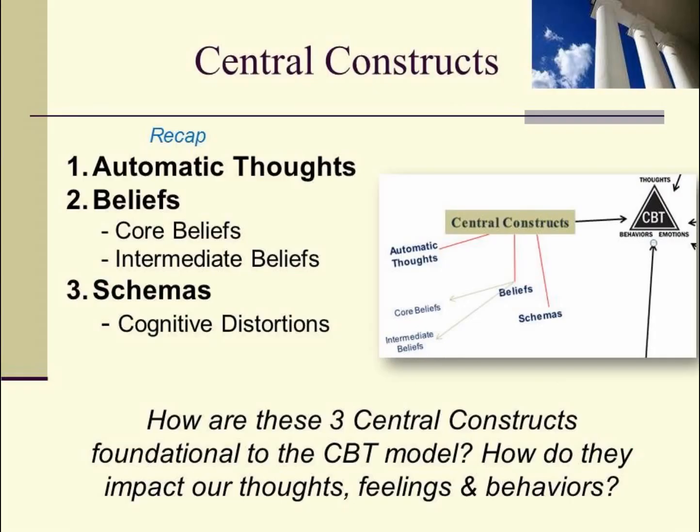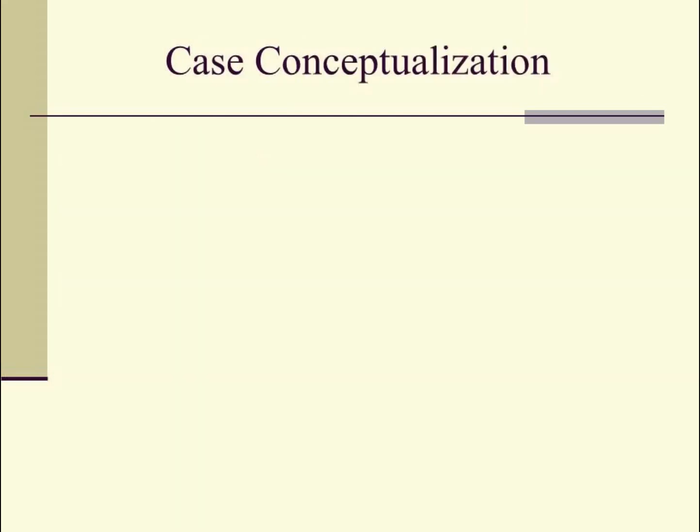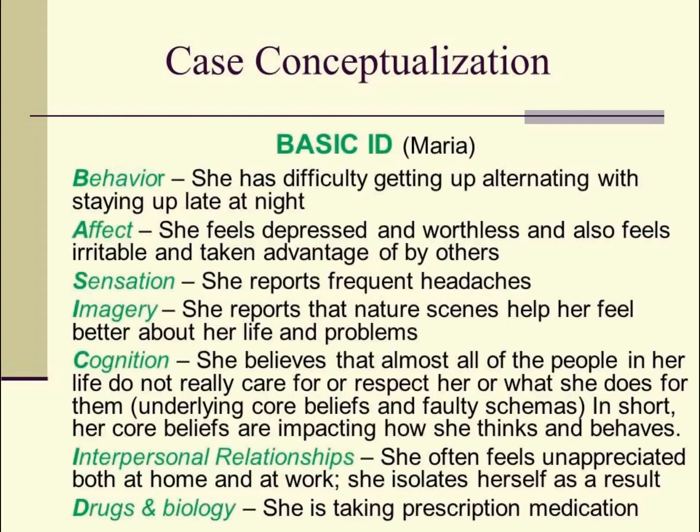So to recap this section, there are three central constructs that are essential to CBT: automatic thoughts, beliefs, and schemas. Think about how these three constructs are foundational to this model and how they impact our thoughts, feelings, and behaviors. Now, because case conceptualizations are so important in understanding our clients, let's consider a case conceptualization of Maria using a simple basic ID format, which is often used with the CBT model.